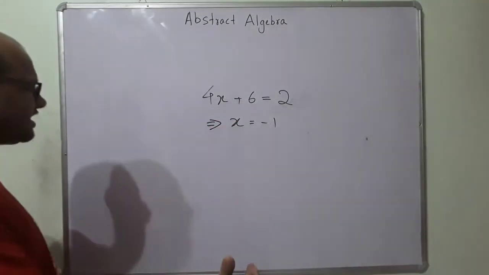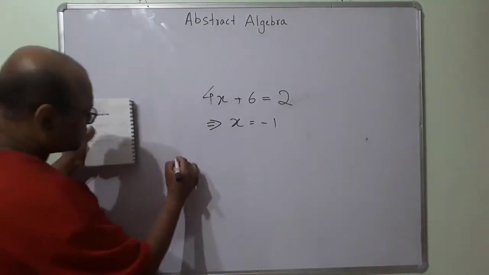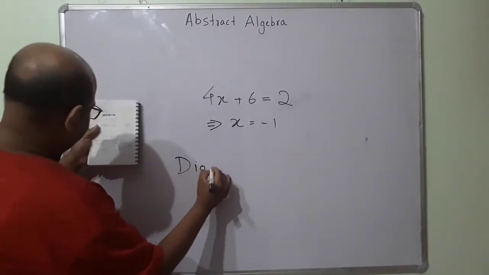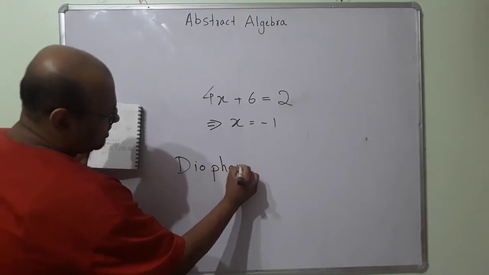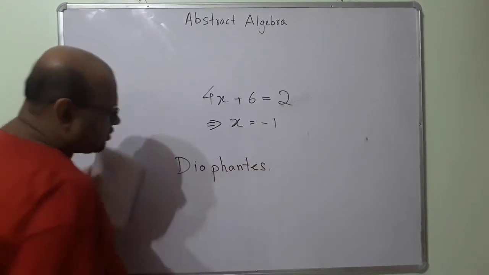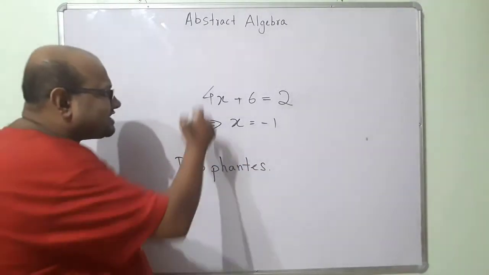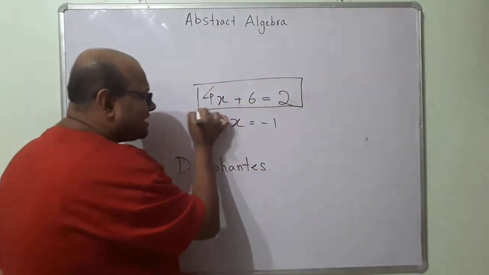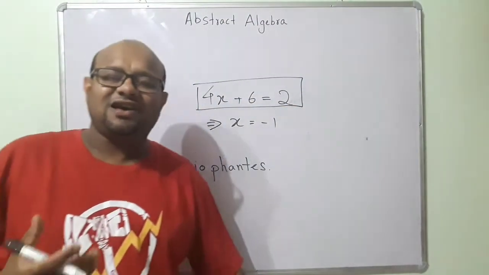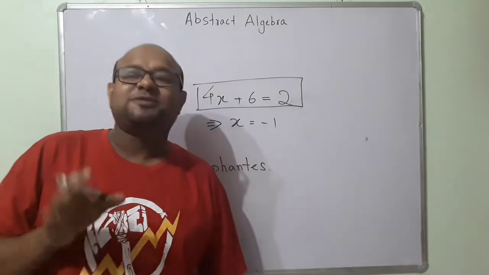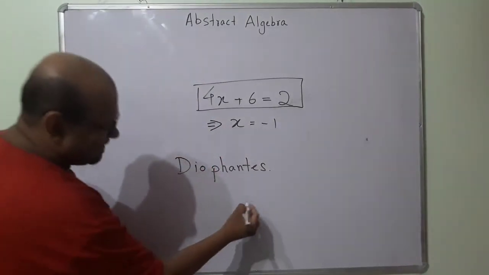Now, 1,000 years back, there was this philosopher, Diophantus. He said that the solution to this equation is an absurd number.